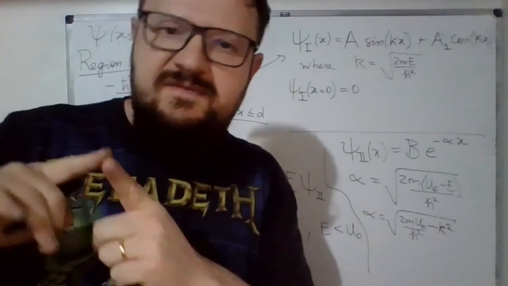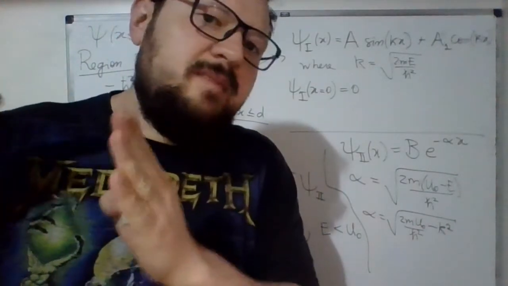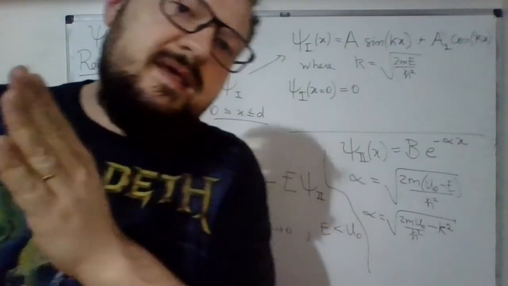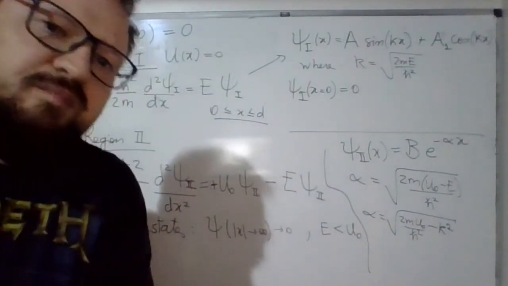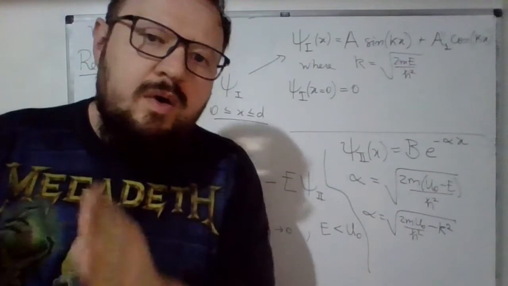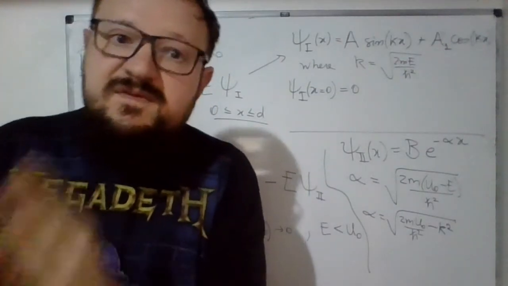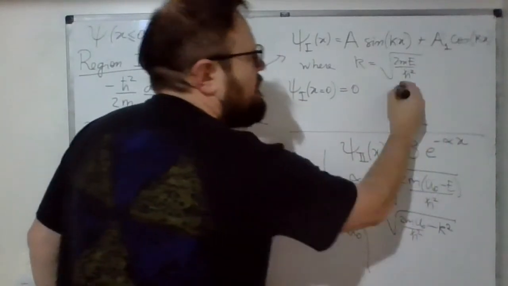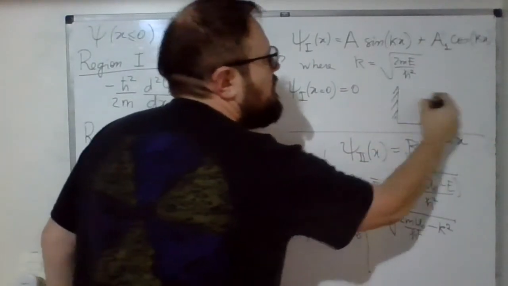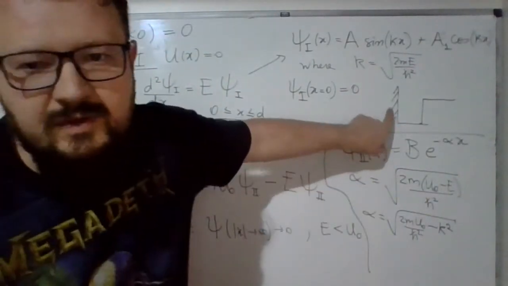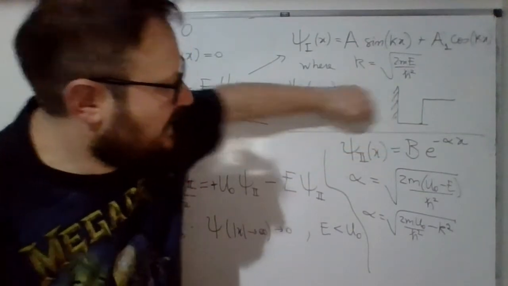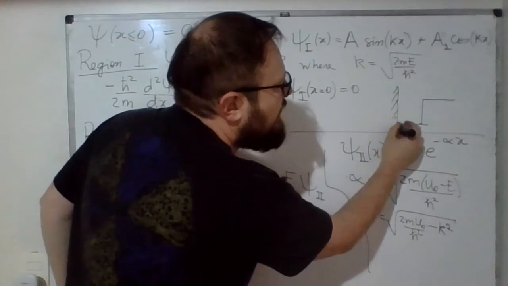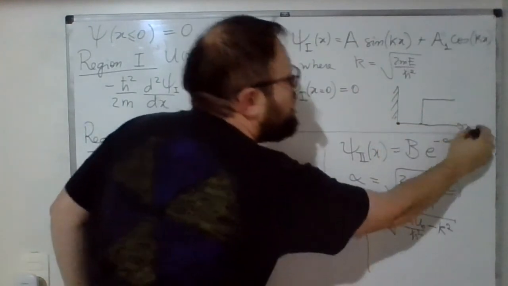You cannot have any probability of finding the particle in a region where the wall is perfectly rigid, or the potential goes to infinity, which corresponds to that part here of the potential. The potential has this profile. So to the left side, the wave function is 0, starting at x equal to 0.